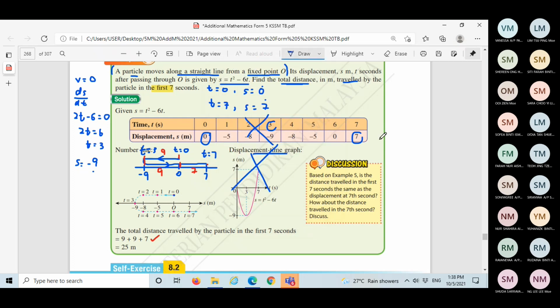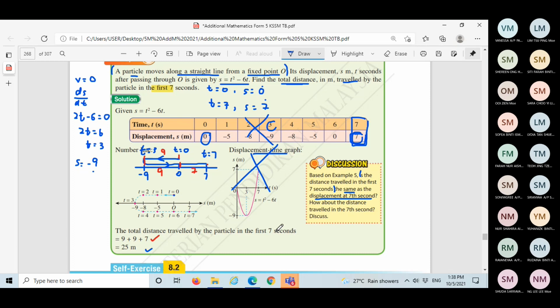And then one more thing. You look at this. Is the distance traveled in the first 7 seconds the same as displacement at the 7 second? Displacement at the 7 second, the answer is 7. But the total distance traveled in the first 7 seconds, the answer is 25.